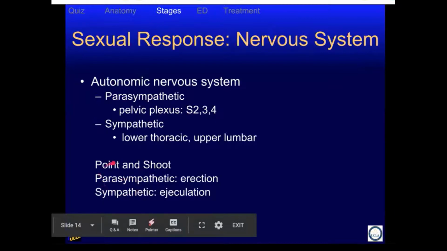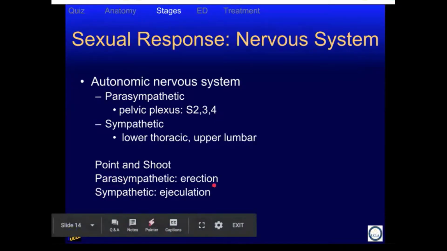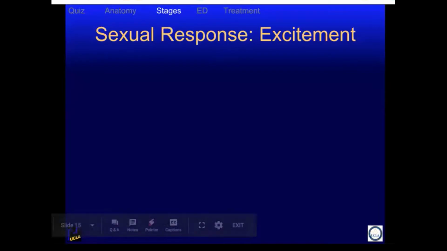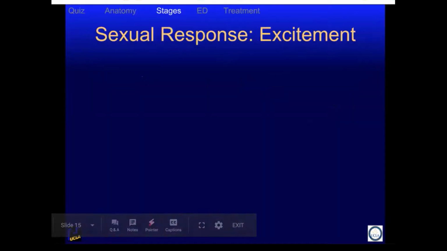This is the First Aid way to remember it, which is point and shoot. Parasympathetic is involved in erection, and the sympathetic is involved in ejaculation. There's also sensory nerve that's provided from the pudendal nerve, S2 through S4. So it's a combination of autonomic as well as sensory and motor.